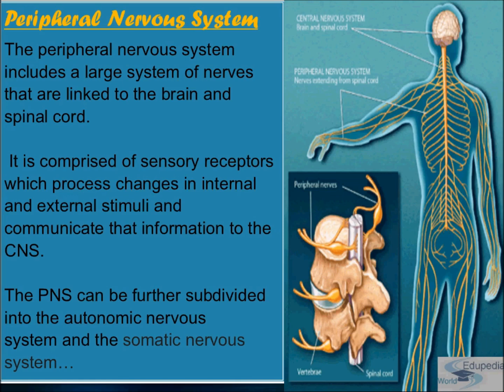And efferent fibers transmit regulatory impulses from CNS, that is your brain and spinal cord, to the concerned peripheral organ. Now the PNS can be further subdivided into autonomic nervous system and somatic nervous system. That means your peripheral nervous system consists of two parts: first is your autonomic nervous system and second is your somatic nervous system.